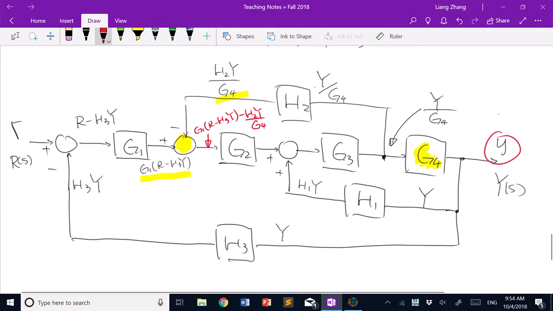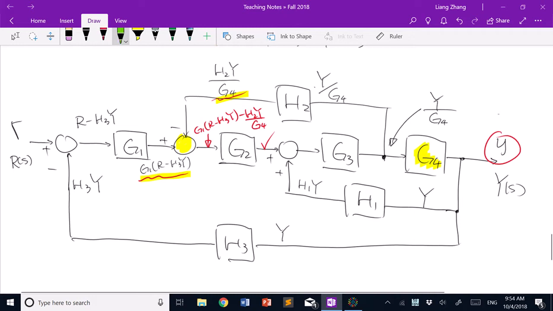So this will be divided by G4. We simply take the two inputs to this summing junction and subtract one from the other. Since this one is also known, you just have to multiply everything by this G2.